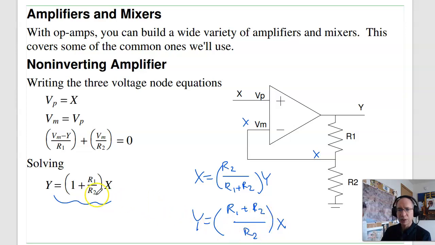R2 over R2 is 1. R1 over R2 is just that. So that's another way to get this equation. Now note, with a non-inverting amplifier, the gain is always bigger than 1. It's going to be 1 plus the ratio.